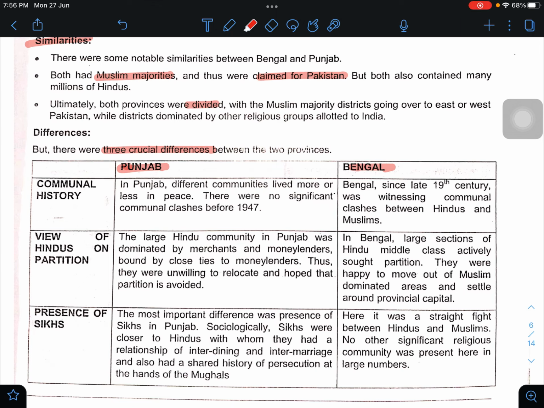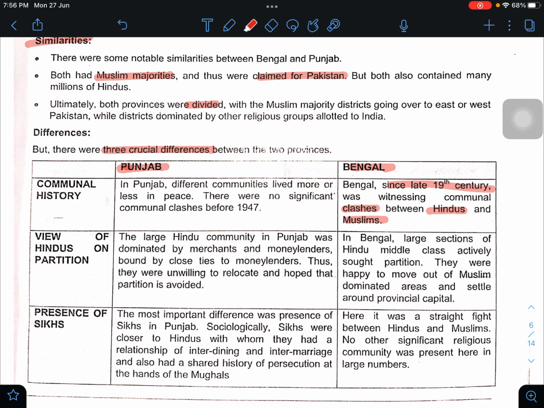What happened in Bengal? Since the late 19th century, between 1875 and 1900, Bengal was witnessing communal clashes between Hindus and Muslims. You know why? Because Bengal was very active politically at the time.